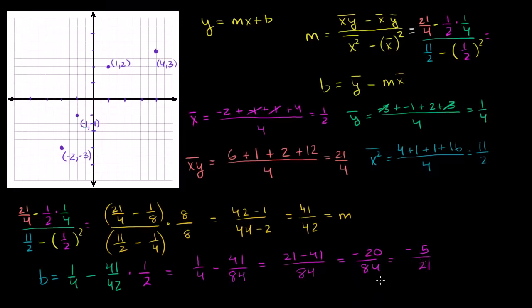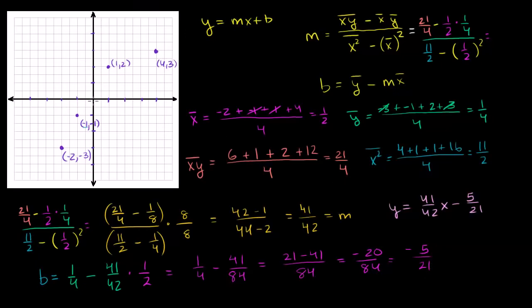So our regression line is going to be y is equal to 41 over 42x minus 5 over 21. And 5 over 21 is a little bit less than 1/4, right? 5/20ths would be 1/4. We made the denominator a little bit bigger, so it's going to be a little bit less than negative 1/4.